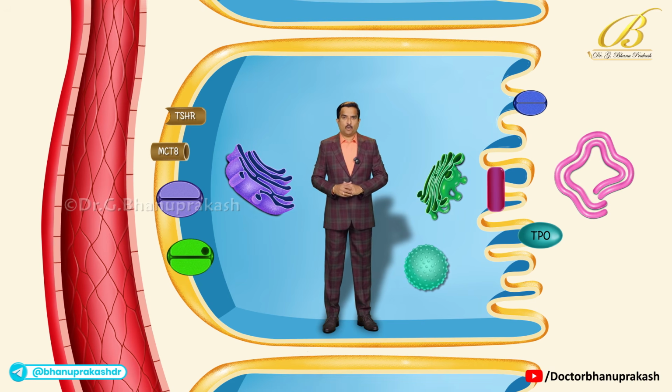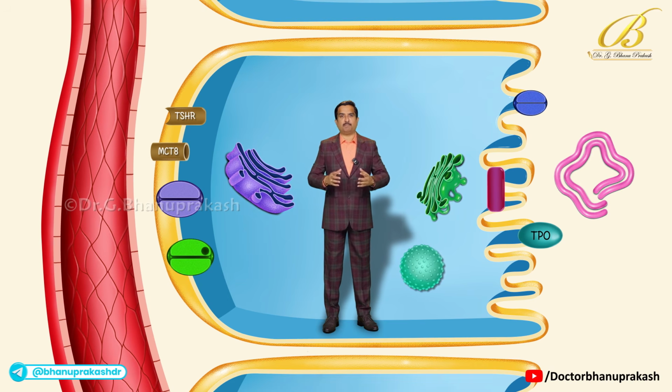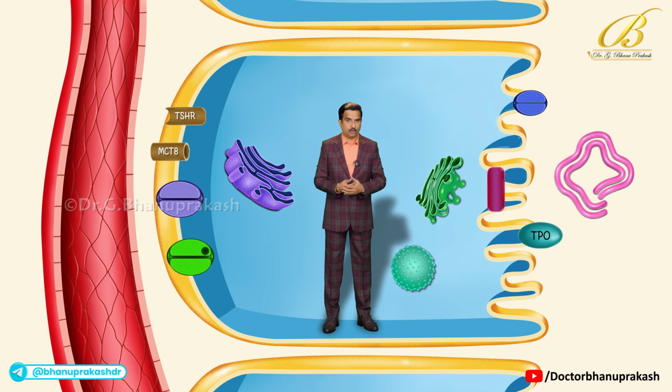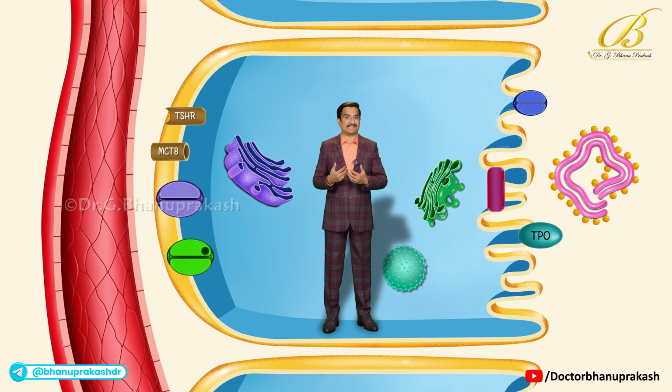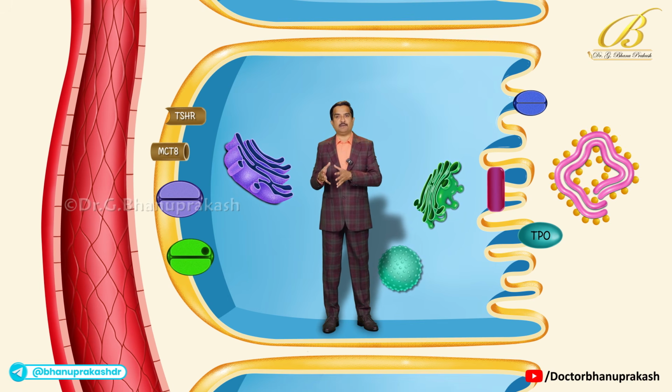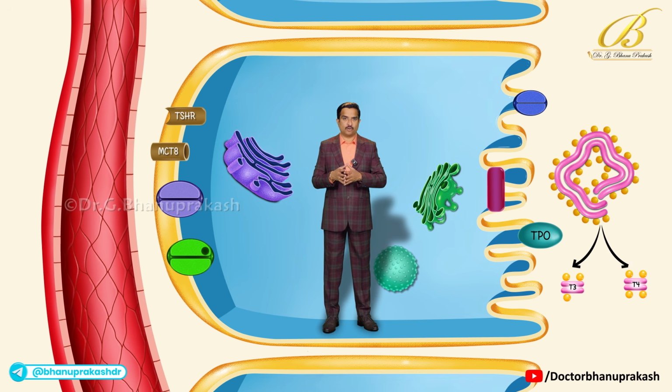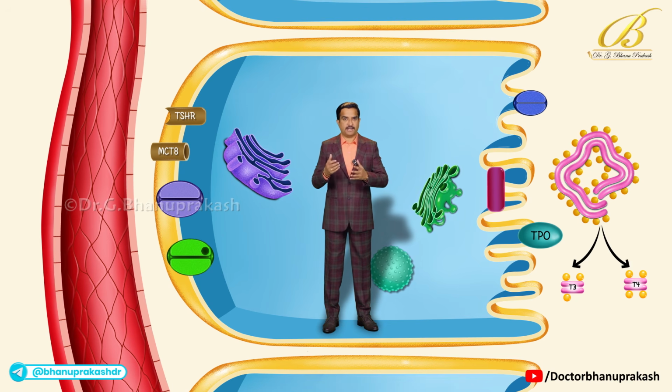Now, why is thyroglobulin important? Remember that it acts like a scaffold, a kind of carrier for the iodinated tyrosine residues that will eventually become T3 and T4, which we are going to discuss now.